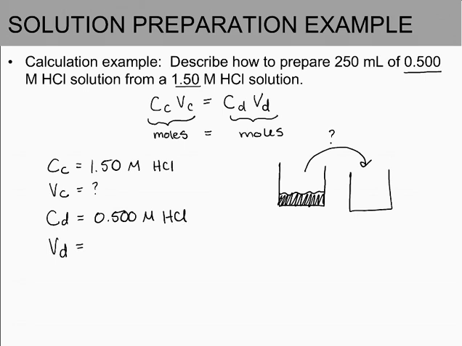And then we're also told that we want the volume of that solution to be 250 milliliters. So at the end, we'll transfer some amount of our original solution, and then we'll dilute that to 250 milliliters. And that will give us that final concentration of 0.5 moles per liter.